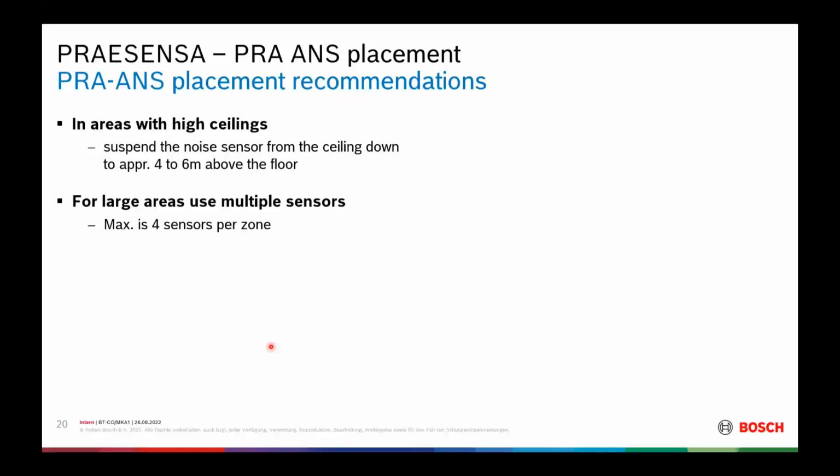But if you have a lot of different noise sources which may have an effect on the zone where you want to broadcast your signal, then make sure that you detect the relevant noise sources, defining the loudest noise which may affect the zone broadcasting as a complete zone.